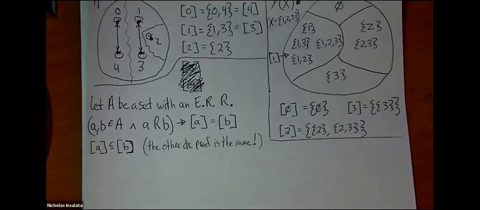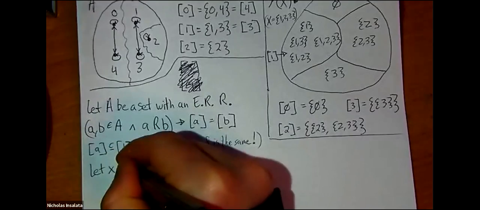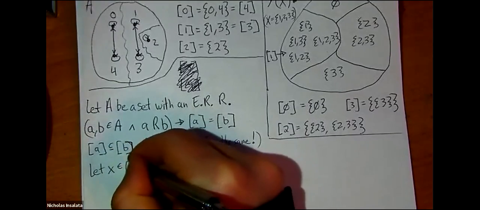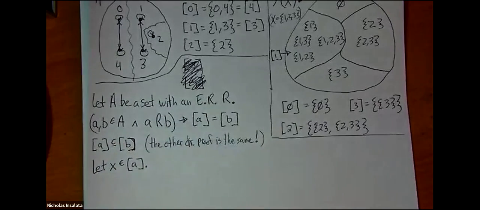Okay, now to do that, as you said, we're going to let X be an element of the equivalence class of A. I'm going to do an element style proof, right? What do I know if X is an element of the equivalence class of A?